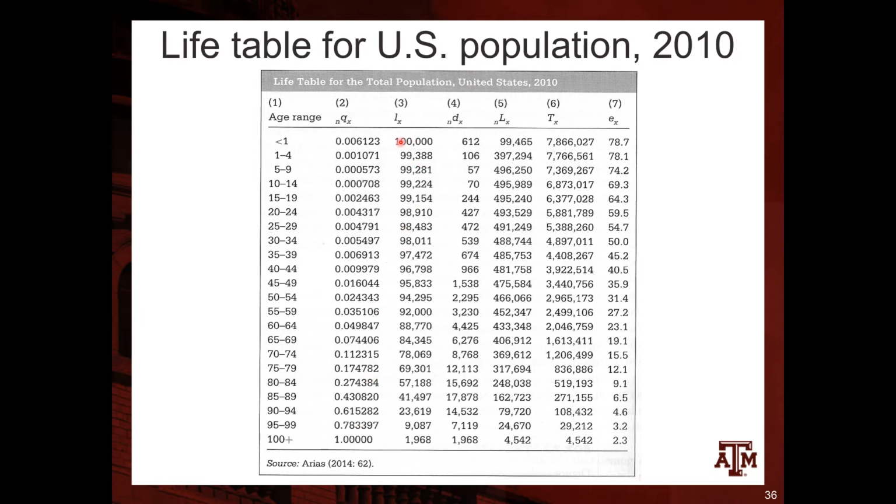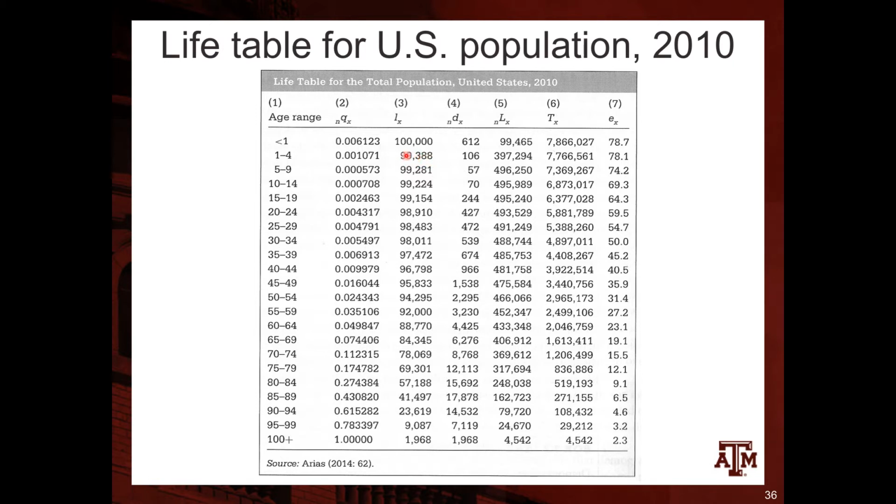If these 100,000 people were exposed to this mortality probability in the first age group, 612 babies would die. So out of the 100,000, 612 died, and 99,388 survived to the next interval.